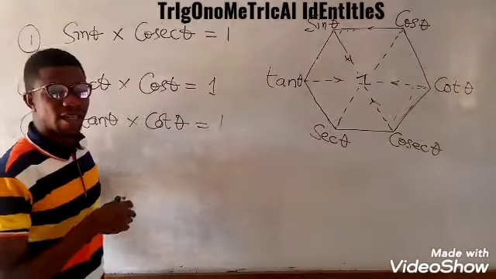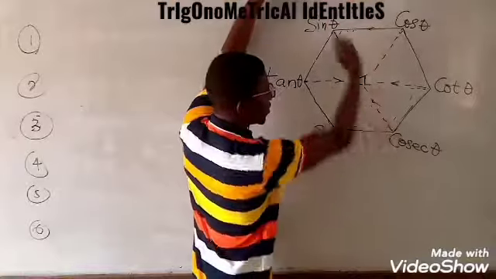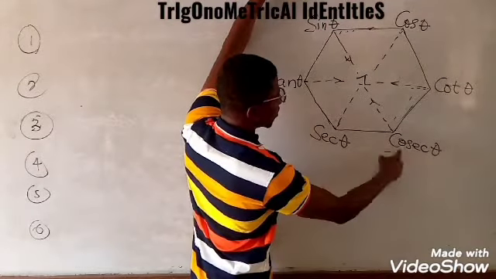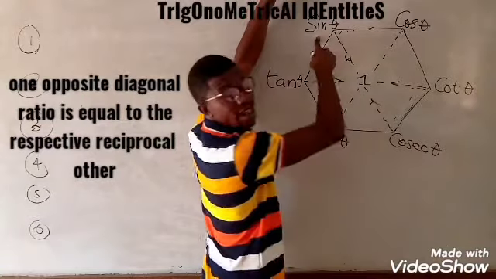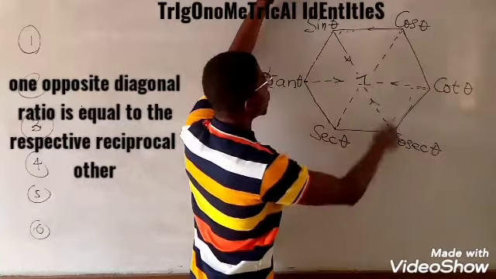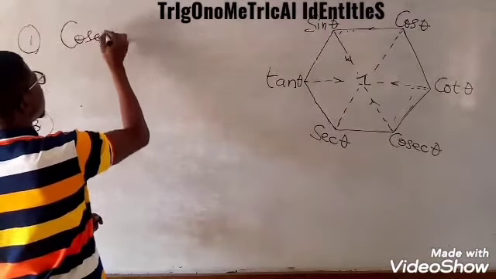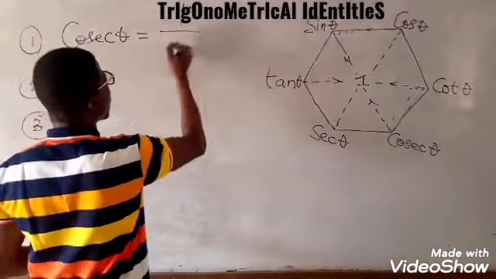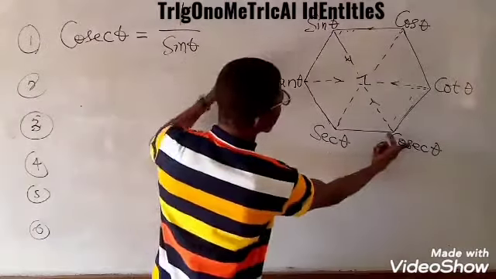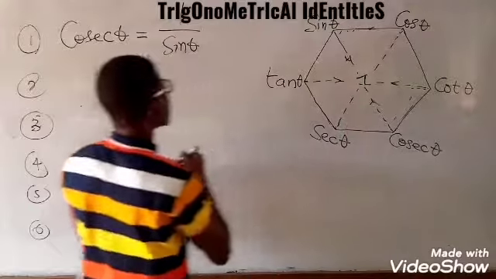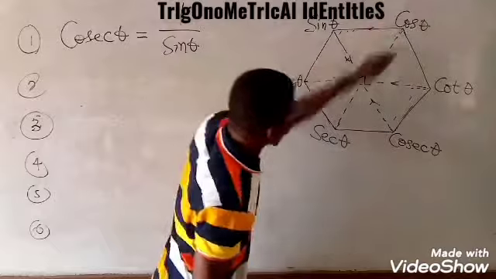Let's look at other identities again. Diagonal. Cosec theta is equal to 1 divided by sine theta.